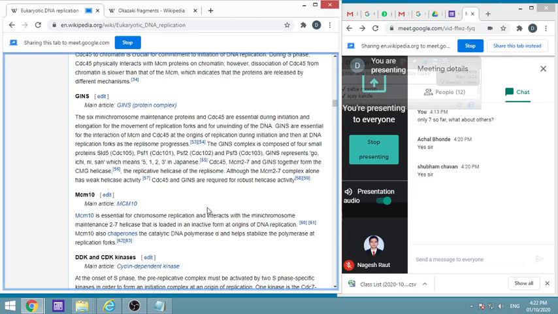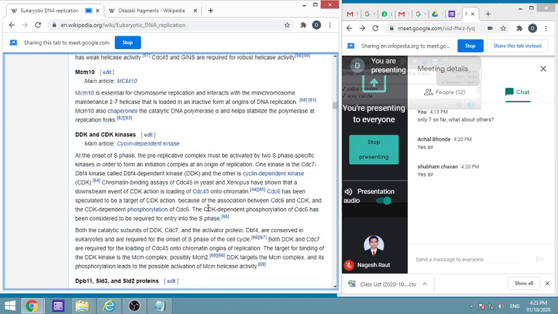GINS represents Go-Ichi-Ni-San, a Japanese phrase that means 5, 1, 2, 3. So that combines to form this. The 5' to 3' direction is going, and in between 1 and 2 are there. So 5' to 3' is the sequence, and accordingly it is there.